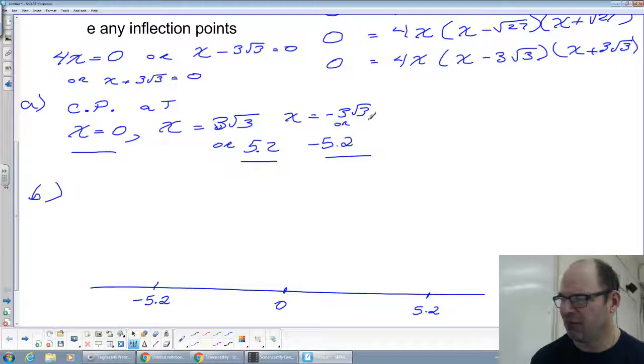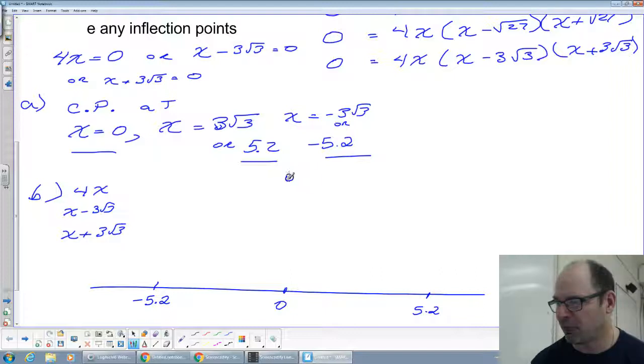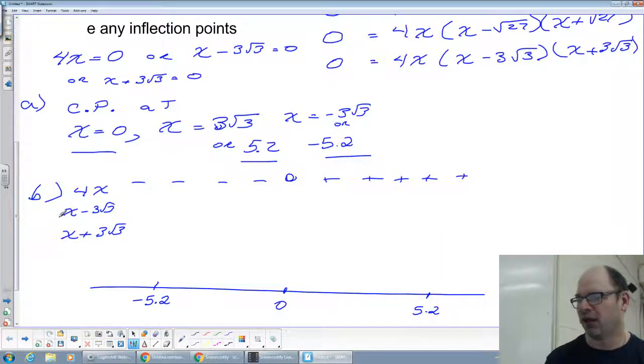If we're doing each of these factors, there's 4x, x minus 3 root 3, and x plus 3 root 3. So the first one is going to have a 0 at the 0 spot. It's going to be negative and then positive after that.